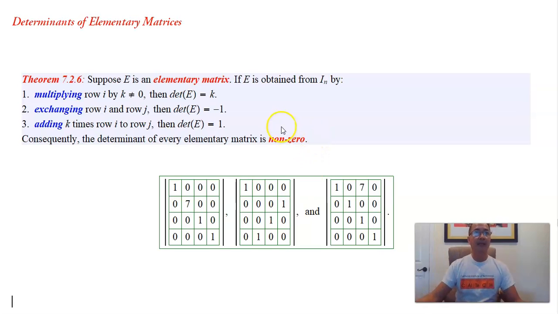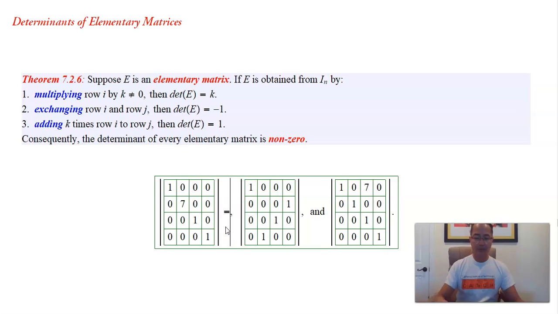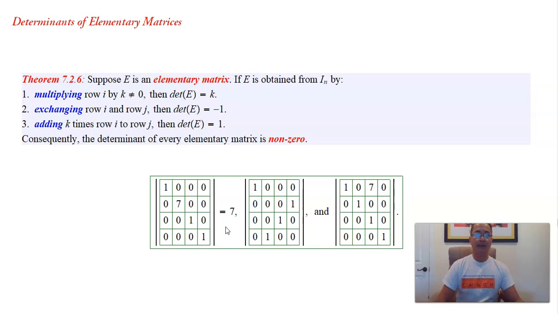So if your elementary matrix is obtained from the identity by multiplying row I by k, and remember k cannot be 0. Here's an example where row 2 is multiplied by 7. Then the determinant of that elementary matrix is just k. Okay, so this determinant, we can answer it right away. That determinant is 7.